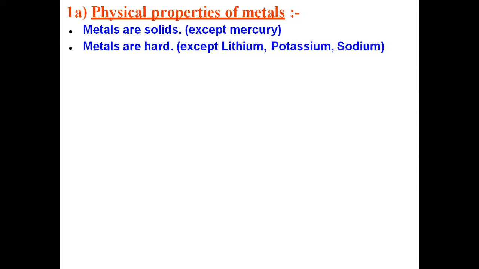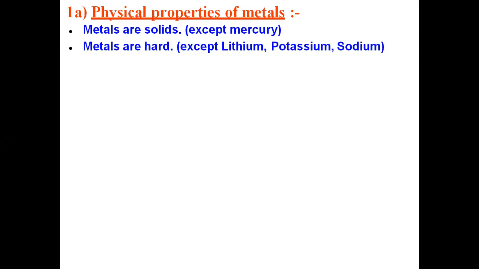So when we consider lithium, the atomic number of lithium is 3. Below lithium in the periodic table, we have sodium. Below sodium, we have potassium. All these which are present in the same group in the periodic table have the same number of outermost electrons.